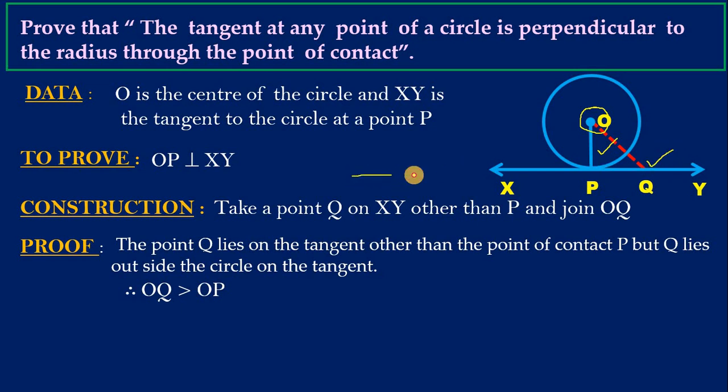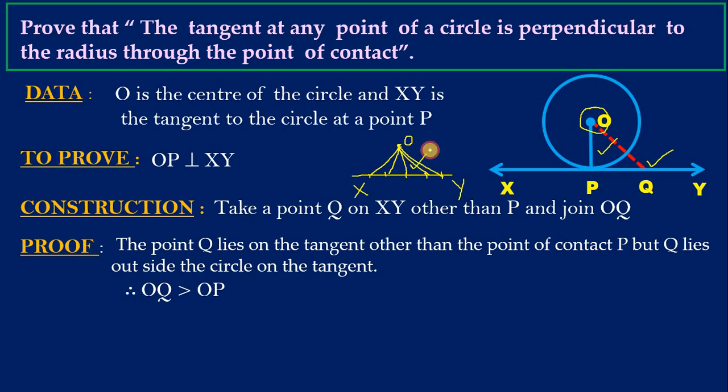Understand one more thing, very importantly. I am taking a line and I am taking this point. Let me assume this point as O and this line as XY. Now here there are many points. Now join O to these points like this and like this, which will be the shortest one compared to all of these?